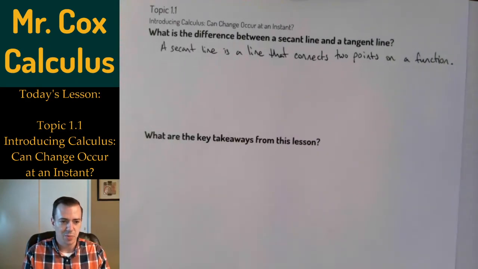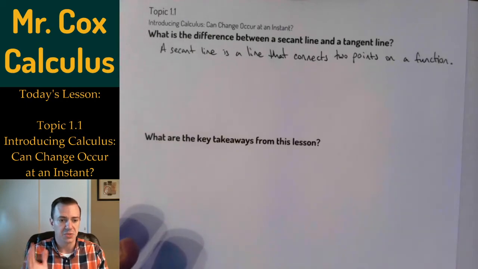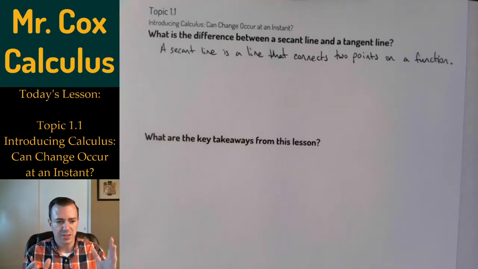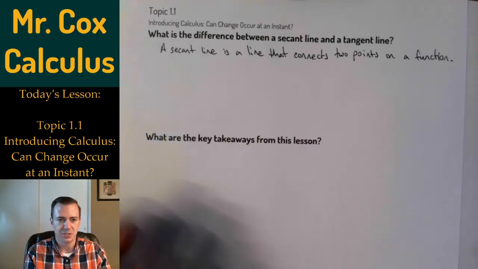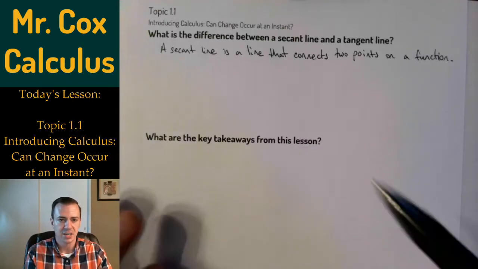We used, if you go back to that quadratic parent function, the point 2, 4, and then we took another point. We started off with 4, 16, and we found the rate of change between those points, and then we started moving the point closer and closer to 2, but we kept finding the rate of change of a secant line.